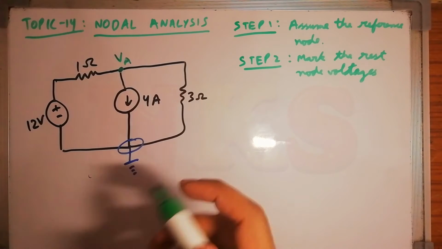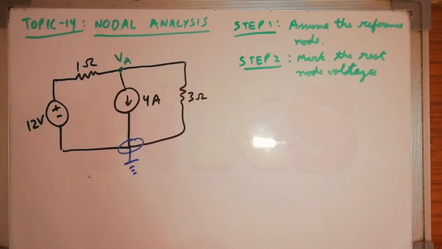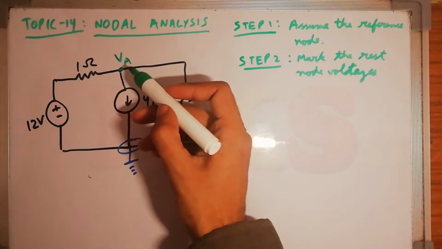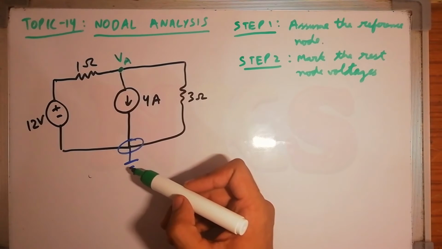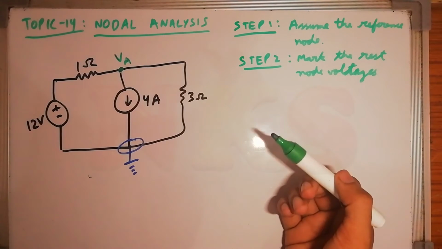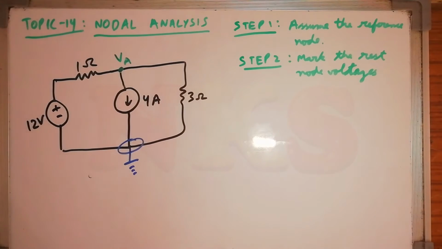Now, what is our third step? We have to write the KCL at each node, and this VA we will calculate with respect to the reference node. I have already told you that node voltages are calculated with respect to the reference node.